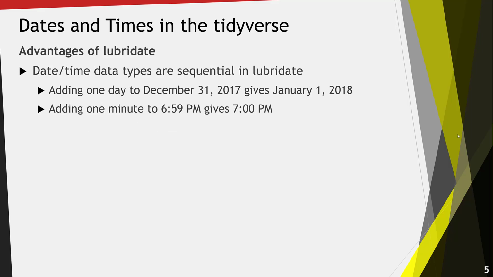So let's discuss some advantages of the Lubridate library and its method of handling dates and times. Under Lubridate, all date and time values are sequential. So adding one day to December 31st, 2017 gives you January 1st, 2018. Likewise, adding 1 minute to 6:59 p.m. gives you 7 p.m., just as you would expect if you were doing this on a clock or a calendar.